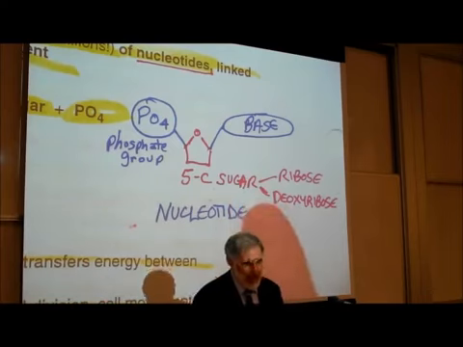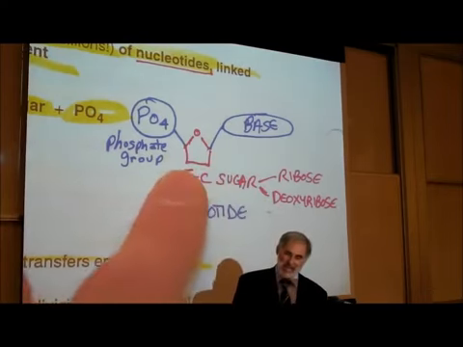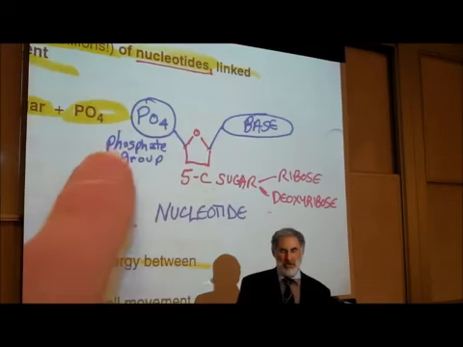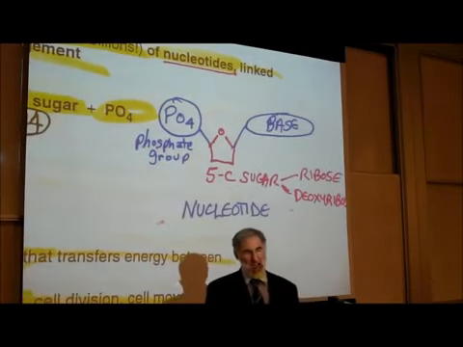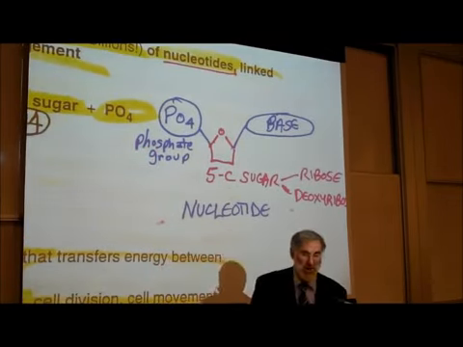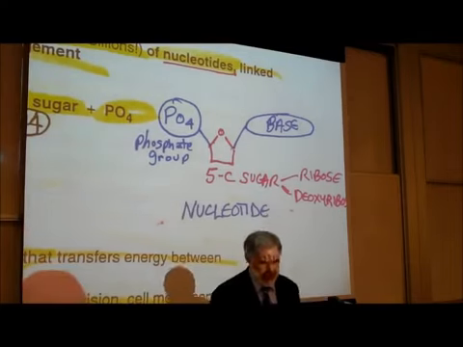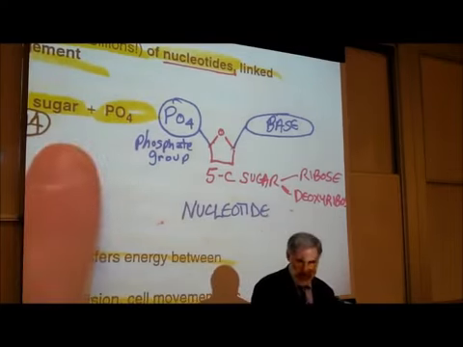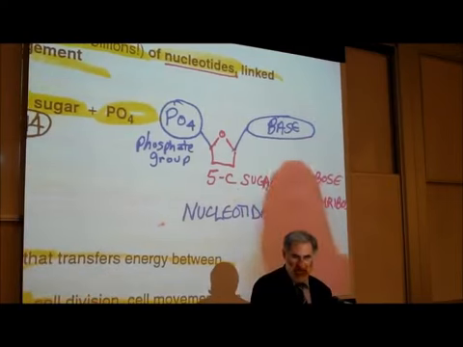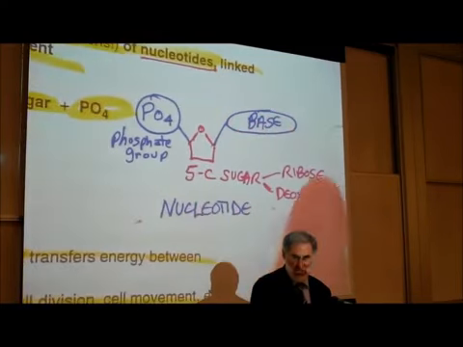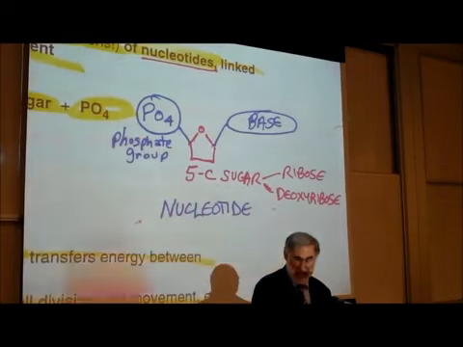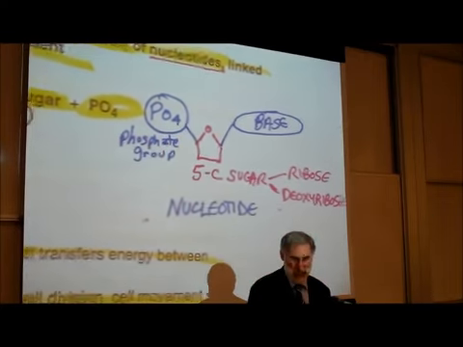Not both, but either one or the other. And then attached to that 5 carbon sugar is a phosphate group. Phosphate, which we've learned before when we talked about phospholipids, is a phosphorus and 4 oxygens. This is called a nucleotide. It's made up of 3 things: a base, one of these 2 sugars, and a phosphate. And it might even have more than 1 phosphate.